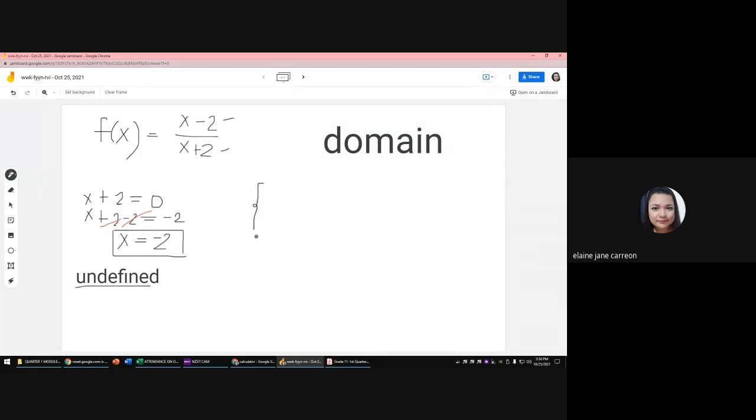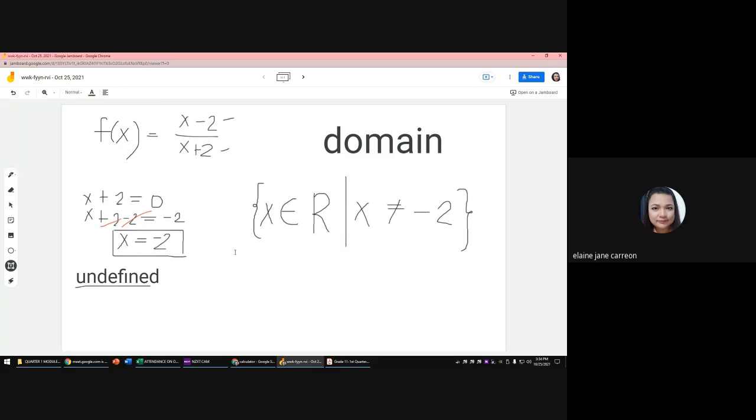This is a brace. This is how it is read: for all values of x, element of R, in algebra, R stands for real numbers, such that x is not equal to -2. Meaning, lahat ng real numbers pwedeng maging domain ni x maliban kay -2.